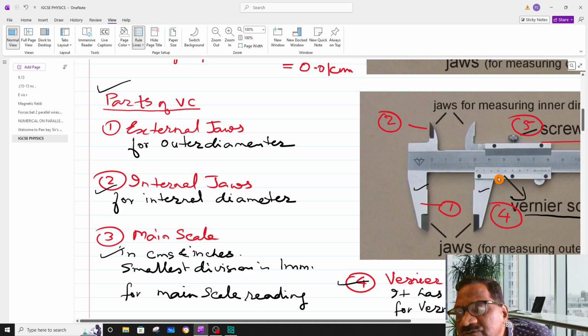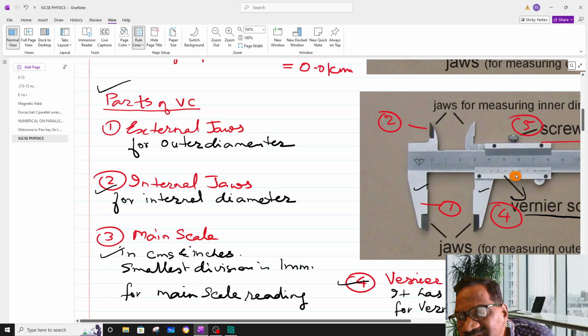0, 1, 2, 3, 4, 5, 6, 7, 8, 9 and 10. This has 10 divisions. Can you see? This is the 0, this is 1, 2, 3, 4, 5, 6, 7, 8, 9 and 10.